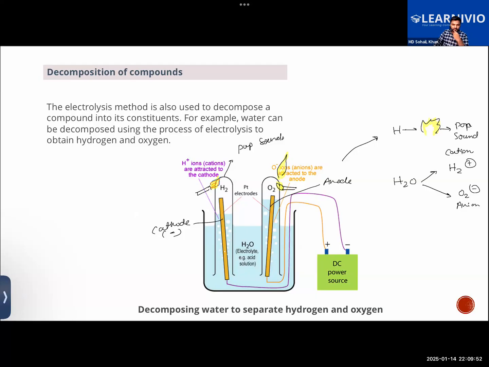The pure sample. Okay. And which metal should be there in the electrolyte? Like for example, if you're doing the refining of copper, should the electrolyte have copper or silver or aluminum? What should it have? It should have copper. Okay, good.